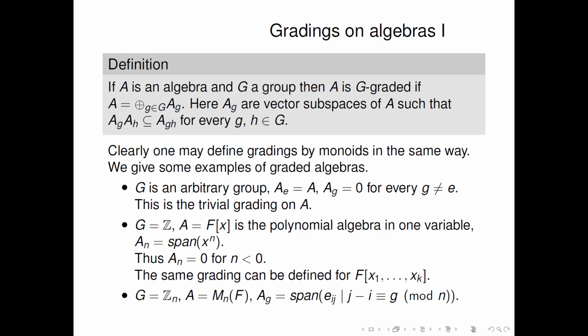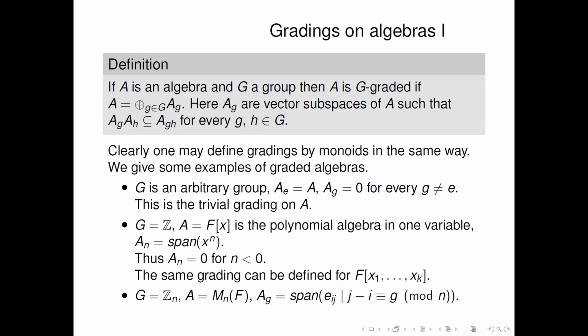Another grading: take the polynomials in one variable over F. Take G as the infinite cyclic group and declare A_n to be the one-dimensional span of x to the n. It is the canonical grading on the polynomials by the degree.